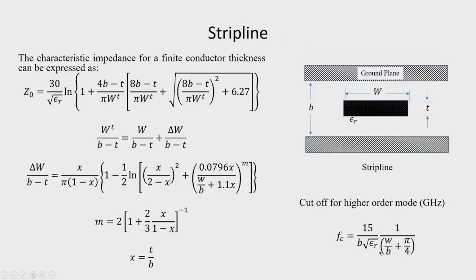So, the cutoff for this higher order mode can be calculated for a given line using this expression: Fc is equal to 15 divided by b root epsilon r into 1 by w by b plus pi by 4. So, if we want to avoid excitation of higher order modes, we must design the strip line such that it operates below the cutoff frequency.